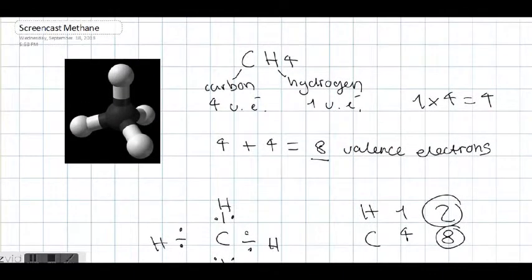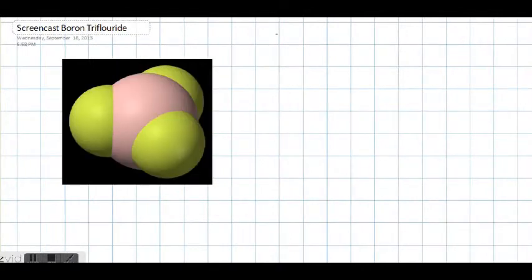Now we'll move on to boron trifluoride right here. Now, the name for boron trifluoride would also be BF3. Now, the name itself, boron trifluoride, right up here, the written name, already gives us a hint to whether it's covalent or ionic.